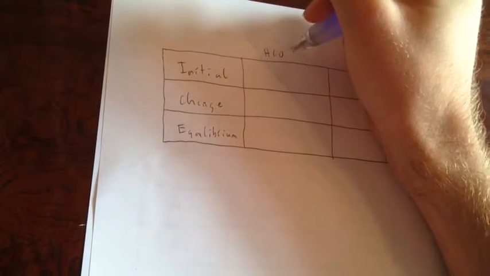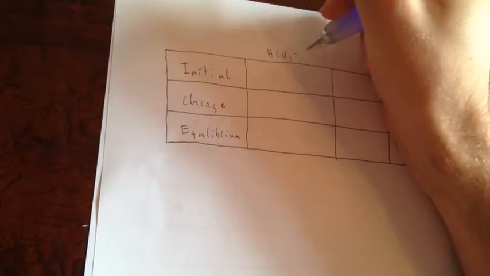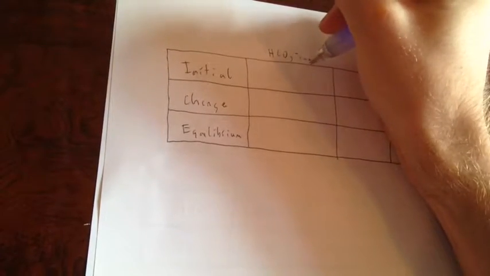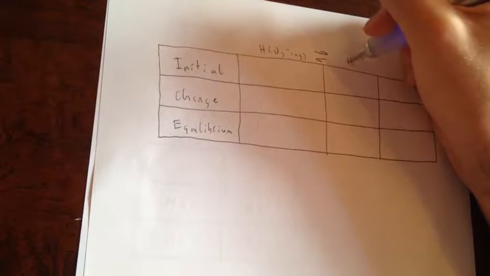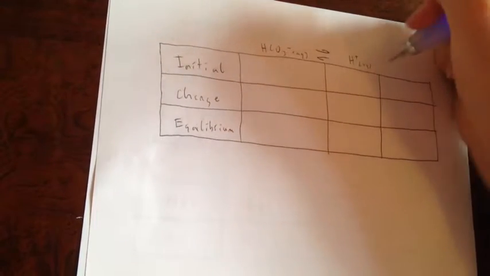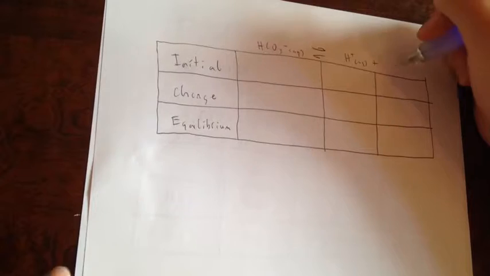The dissociation reaction can be written as bicarbonate yielding a hydrogen ion and a carbonate ion.